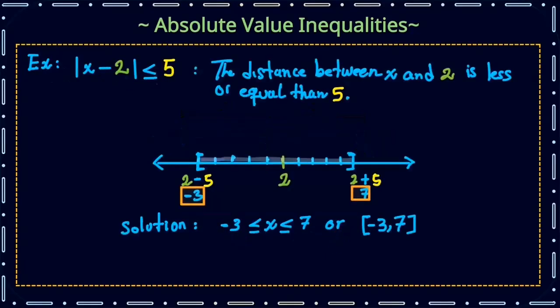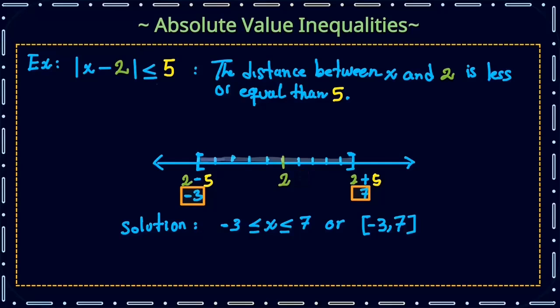Let's go back to our example. Let's look at this absolute value inequality one more time. We wanted the distance between x and 2 to be less than or equal to 5. What numbers have distance from 2 that's less than 5? 3 is one of them, because the distance between 3 and 2 is 1, and 1 is less than 5.